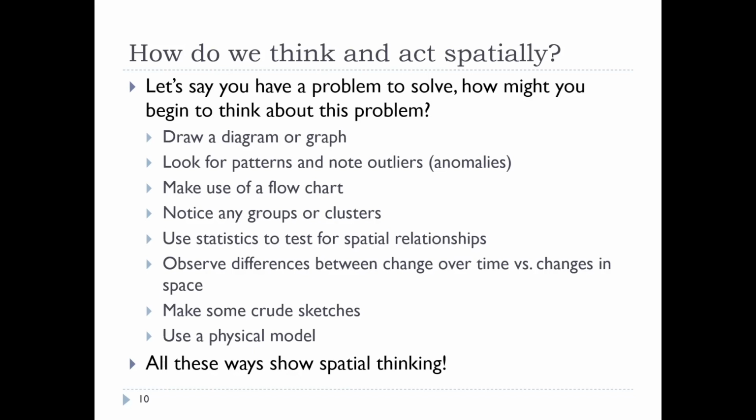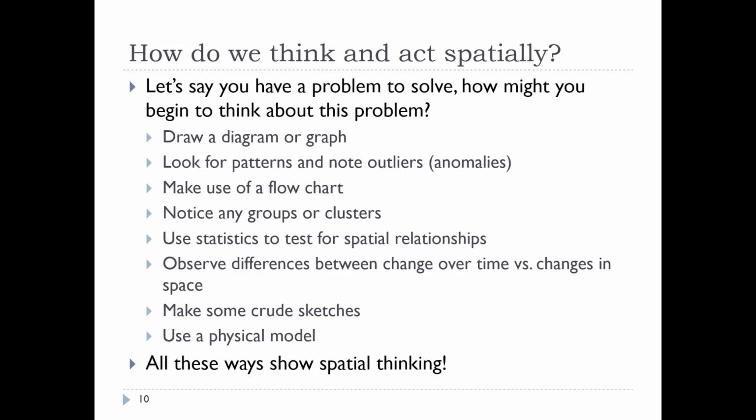Different people look at different things. Some people look at, okay, this is what's similar in this problem. Other people go, okay, why is this different? So look for similar patterns, look for outliers or anomalies. Maybe you make a flow chart.